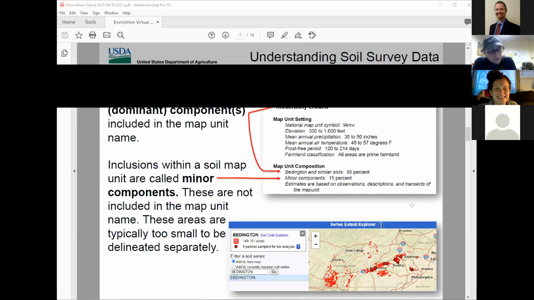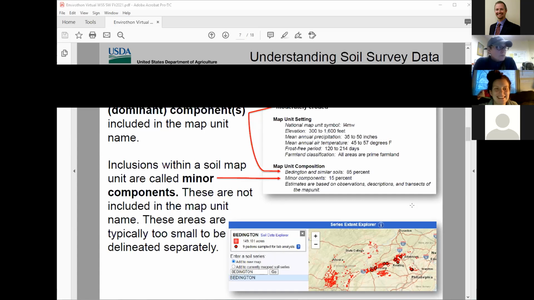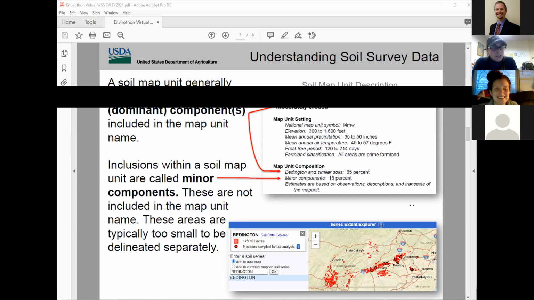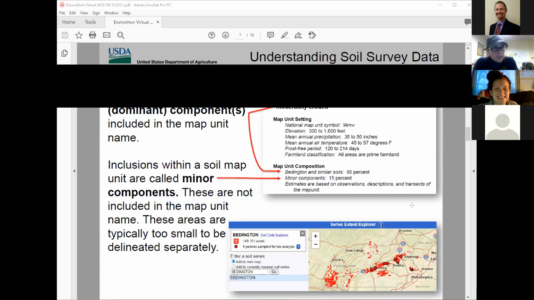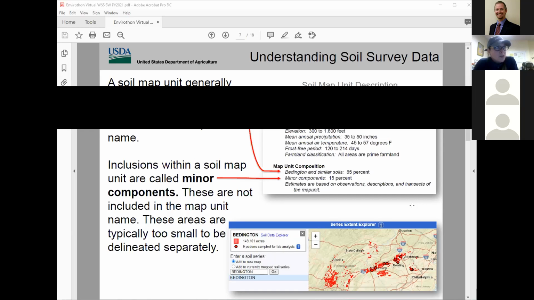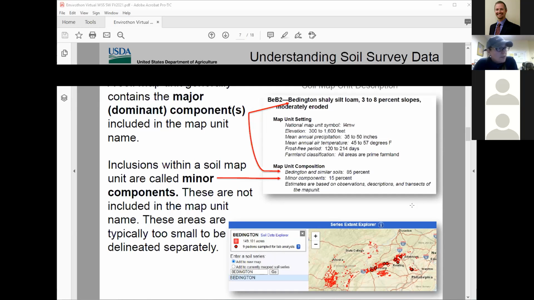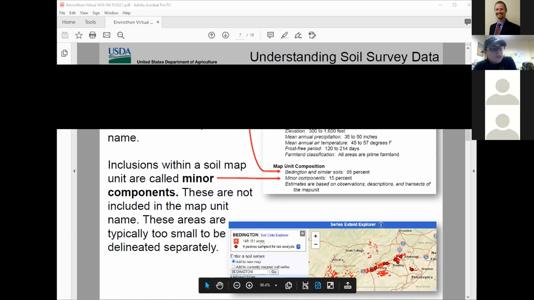Looking at the soil map unit description, can anyone tell me if this soil is a prime farmland soil? You can put it in the chat. Yes. Okay. If you look under the map unit description, it has the farmland classification. It says all areas are prime farmland. There's also something we call a series extent explorer. Here it has this Beddington soil, and it says how many acres are actually mapped.